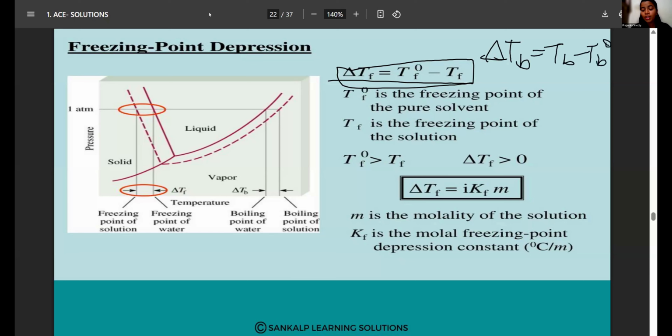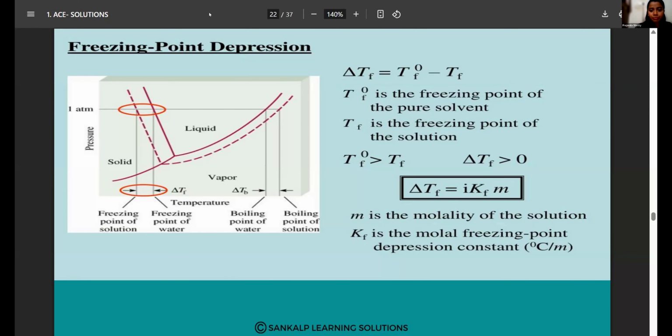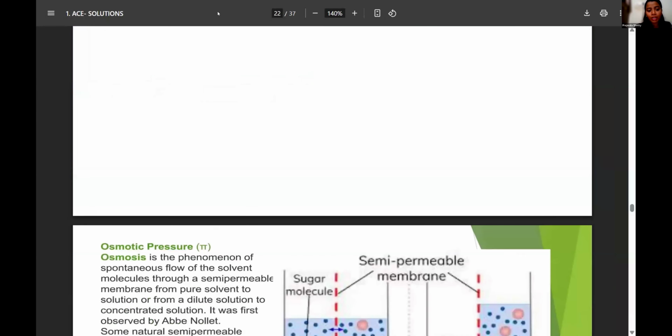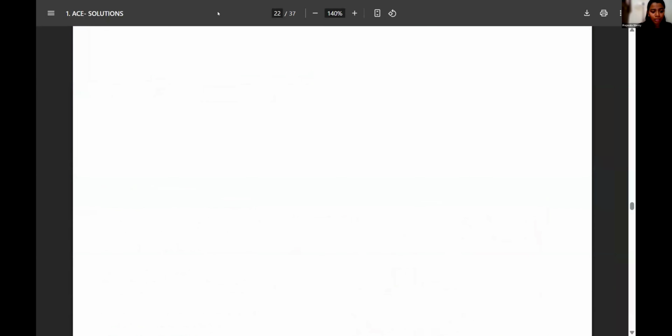Here you have TF not first, minus TF. This is the major difference I wanted you to observe. So please concentrate on these differences and study so that you won't make mistakes in your calculations. So remember this concept. Also, you have the main formula for it, which is not here. I'll give you the formula.